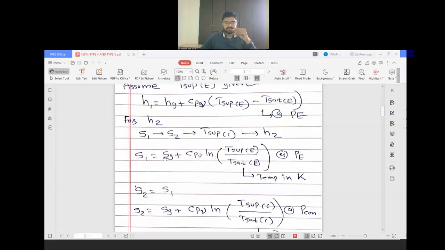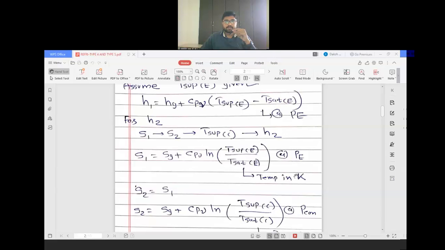S1 is equal to Sg plus Cpv ln of T superheated evaporator divided by T saturated evaporator. All the values you need to take at the evaporator pressure, P evaporator. Clear? And you need to put the temperatures in which unit? In Kelvin. Remember this.